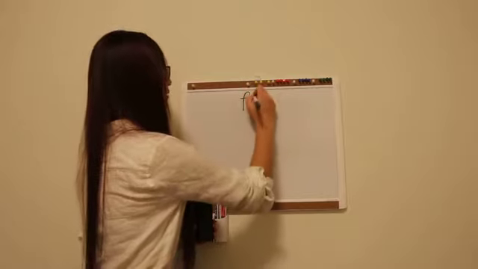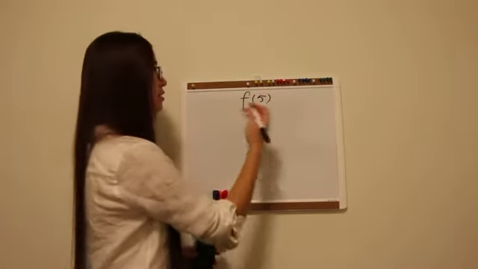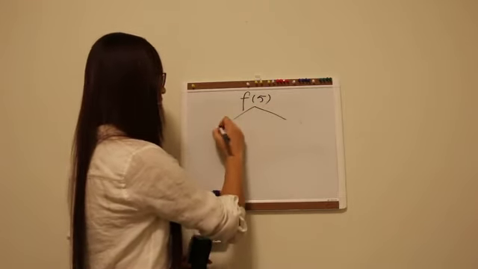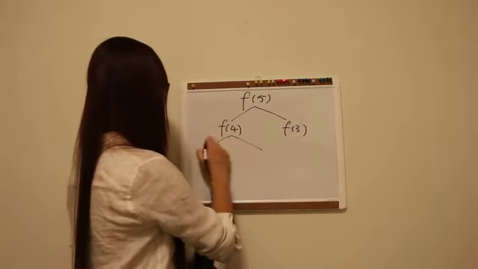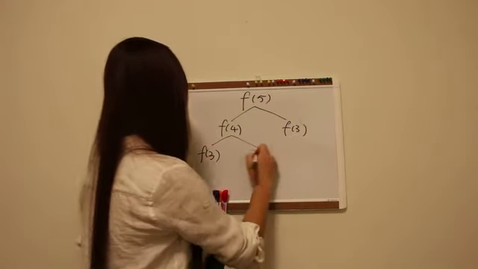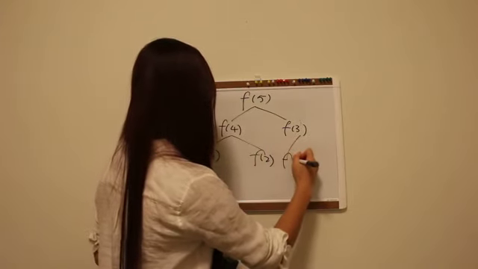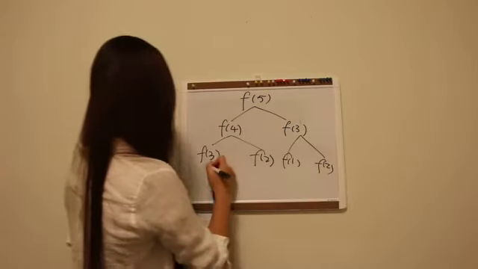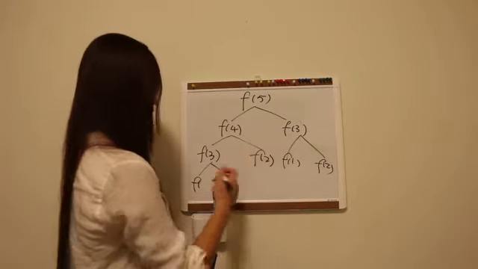Let's see how F5 works under the recursion algorithm. F5 depends on F4 and F3. And we can construct a tree structure to show how the function is called.